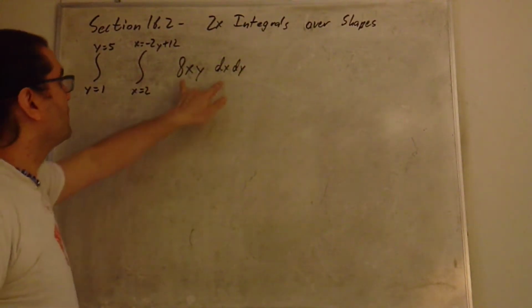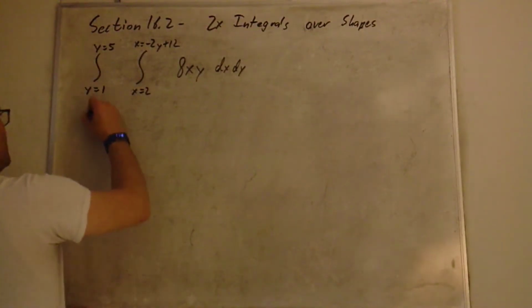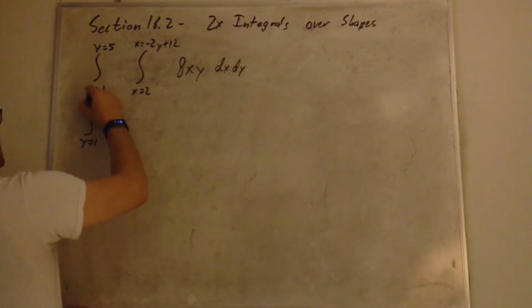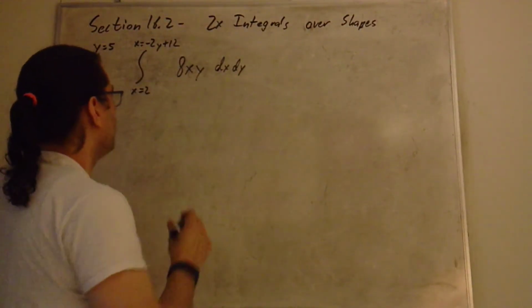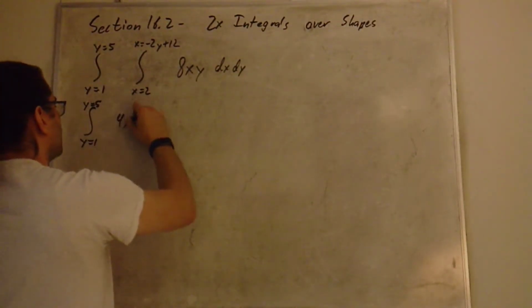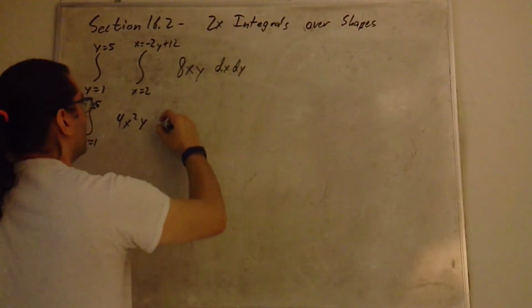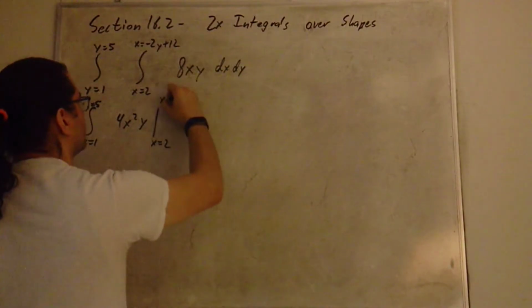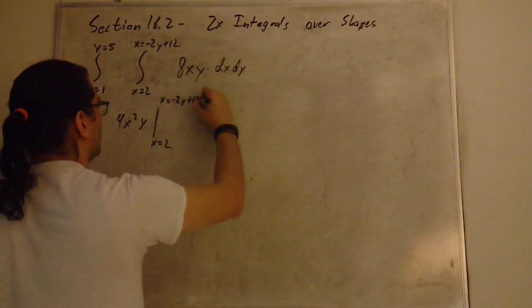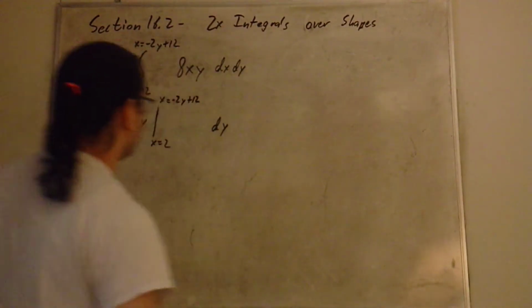So, to integrate with respect to x, we're going to leave this y integral alone. We're still going to go y equals 1 to 5. This integral should be 4x squared y. We're going to evaluate that at x equals 2, and x equals negative 2y plus 12, and then we'll slap a dy in the end.